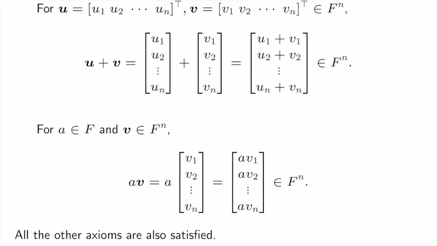This is the definition of scalar multiplication for column vectors or matrices, which is again an element of F^n. So this space F^n is closed under addition and scalar multiplication, and you can check all other axioms are satisfied. So this is a vector space.